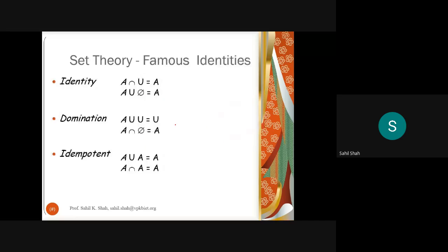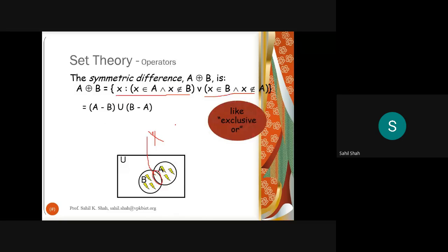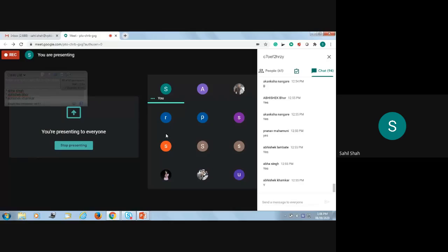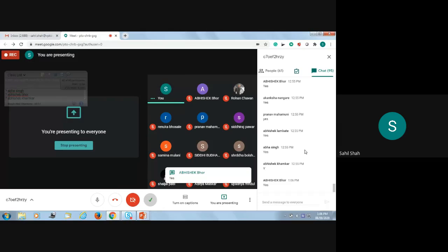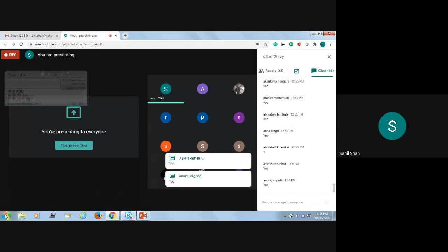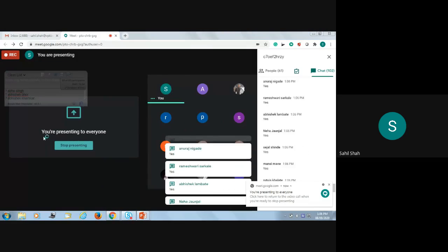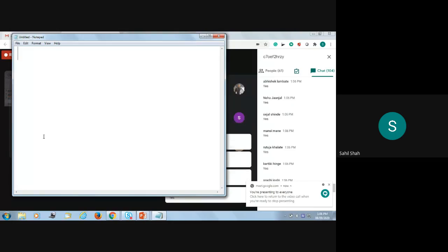Further to this, is this clear? Can you reply in the chat box whether this is clear? Yes. So let me open my notepad so that I can understand if you have understood anything or not. Let A equal 1, 2, 3.